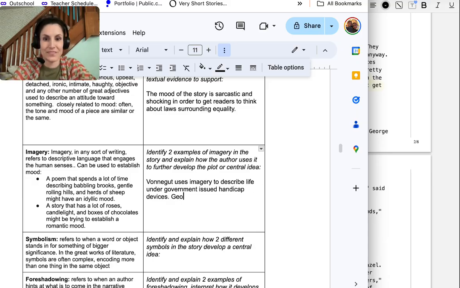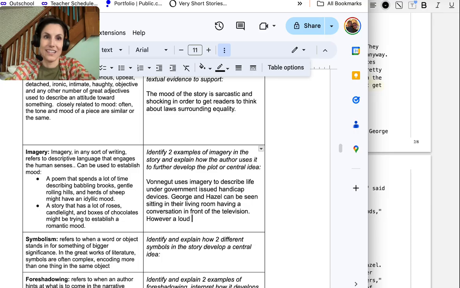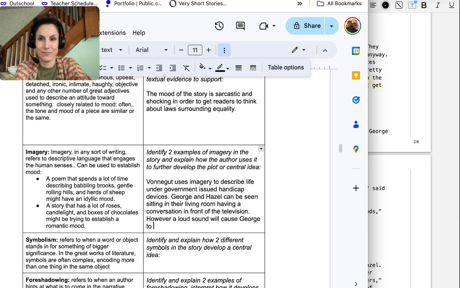George and Hazel can be seen sitting in their living room having a conversation in front of the television. However, a loud sound will cause George to, we can say, recoil in pain.